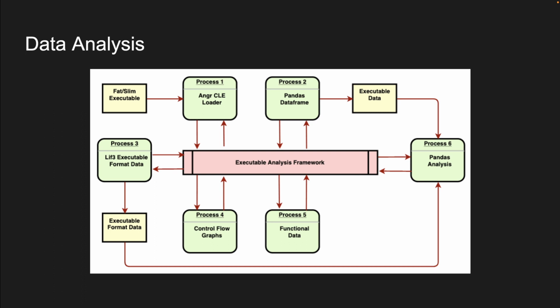So we start off by ingesting our fat slim executable into our angr CLI loader, and the CLI loader then gets processed into a Pandas data frame, and from there we generate our control flow graphs and functional data, which is just another word for the VEX IR information we'll be pulling, as well as things like function entry points, endpoints, rebased to a common base address across all samples.